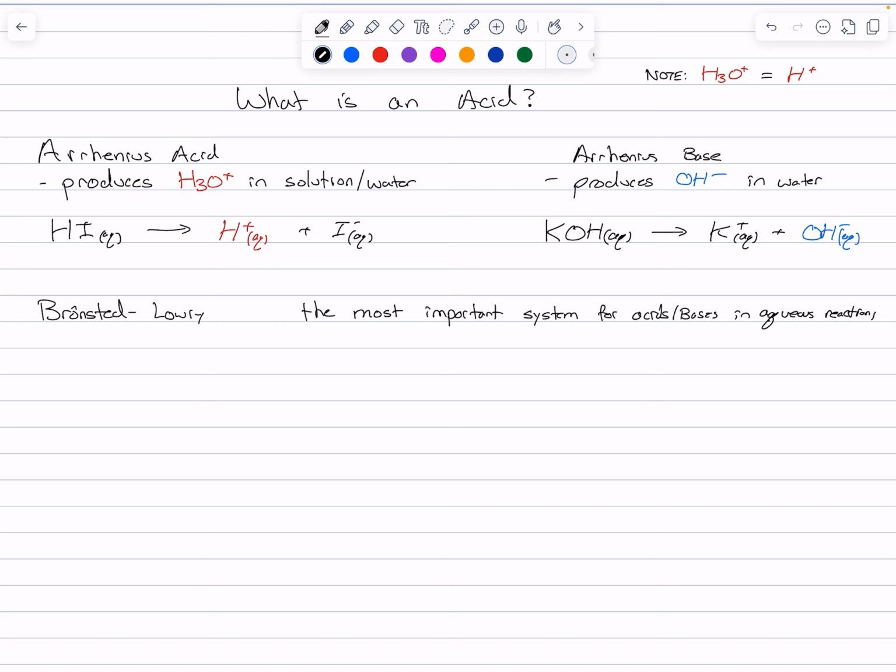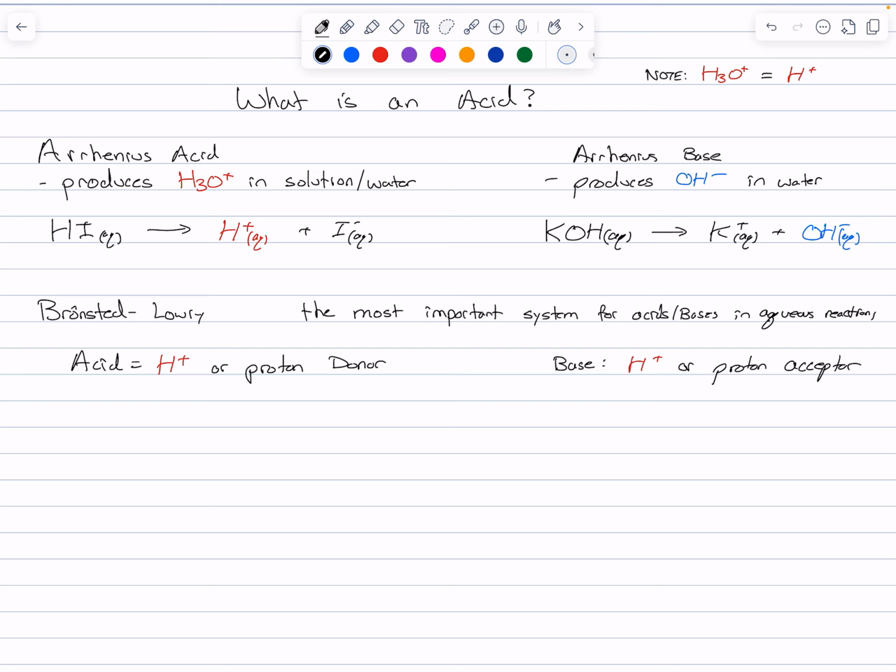All right. So the acid is an H+ or proton donor. And the base is an H+ or proton acceptor.